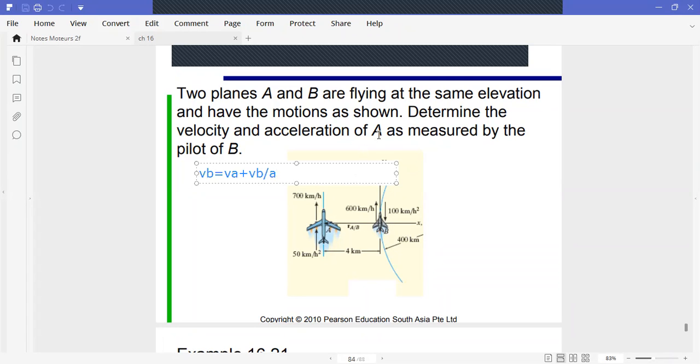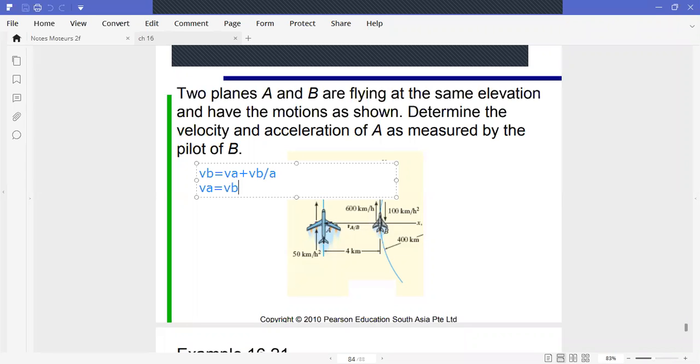Why? Due to rotation of the frame of B. Because the rotation of frame of B will give us vectors that are changing in direction. So when we do the derivative, we will obtain an additional term. What is the additional term? It's the one we have seen in this chapter. In this chapter, we have seen that if we put a rotating frame at B and we want to calculate VA, then VA will be equal to what?